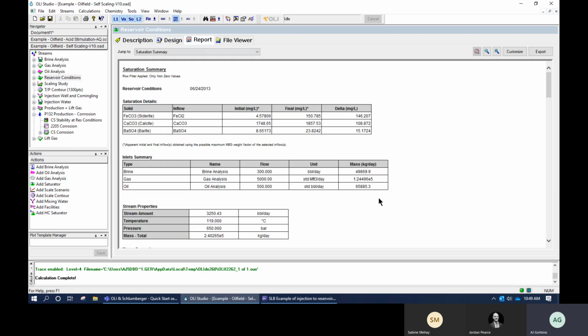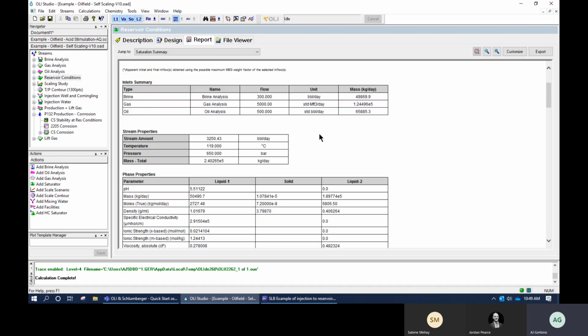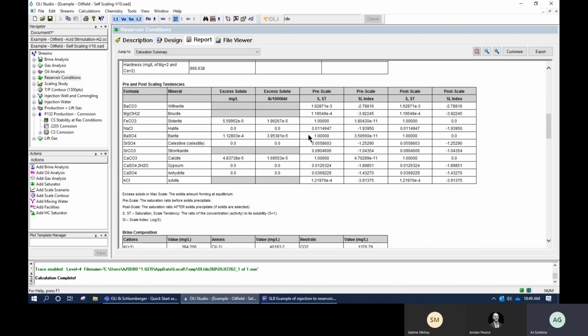So what we get from the calculation is that the software needed to add quite a bit of iron and chloride to the water, a substantial amount of calcium and carbonate, but only a little bit of barium and sulfate, so that all three mineral phases are now in equilibrium with the water and the gas and the oil when it exits the reservoir.